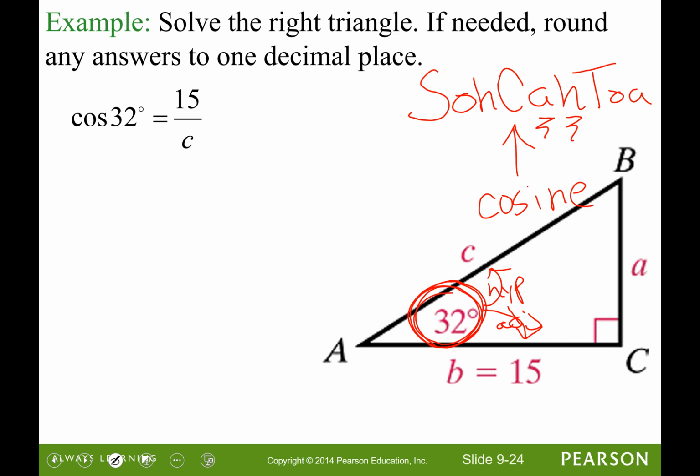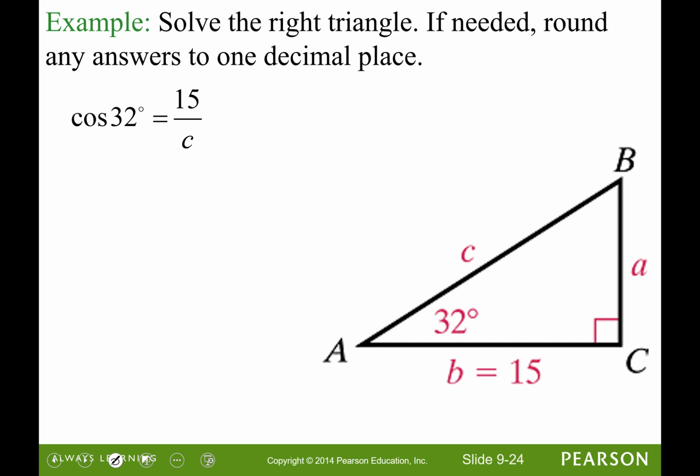That is cosine of 32 degrees is equal to 15 over c. We have our equation written, and now we want to solve for the variable. Remember, the only variable in this equation is the lowercase c. COS is short for cosine, which is a function, not a variable.